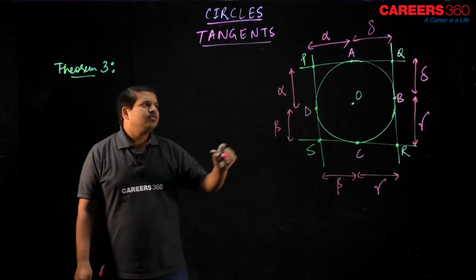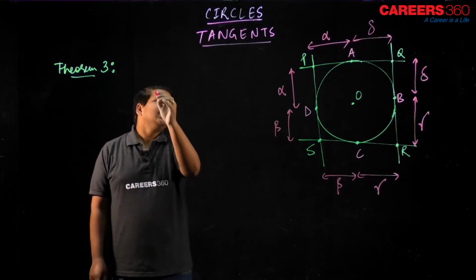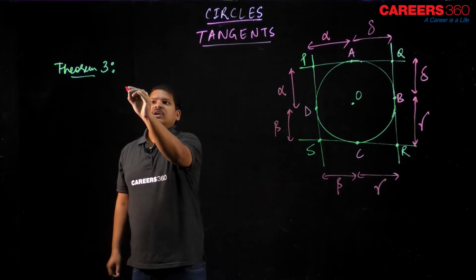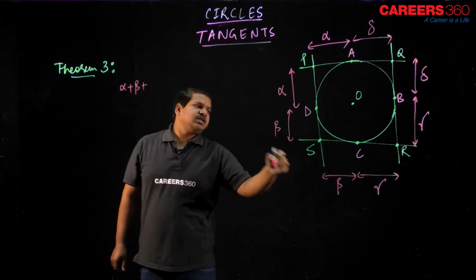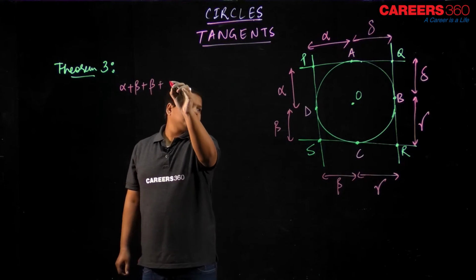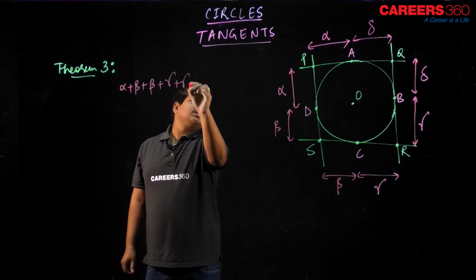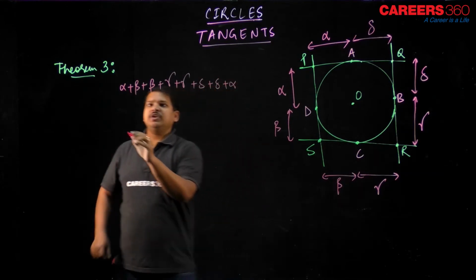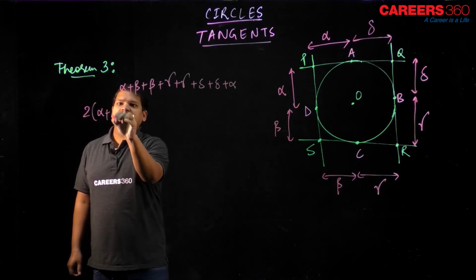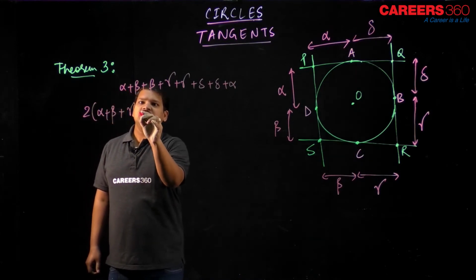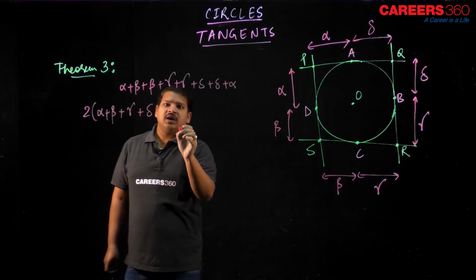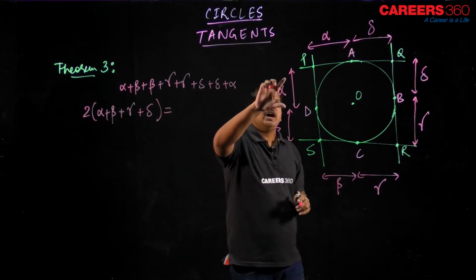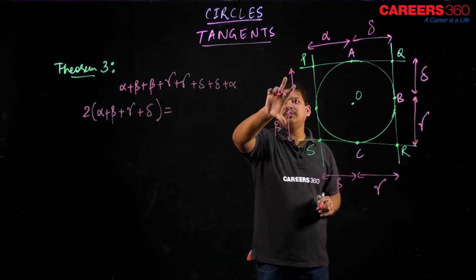So essentially in this figure, what I can say is that if I sum up all the things, that is alpha plus beta, then beta plus gamma, plus gamma plus delta, plus delta plus alpha, what I will be getting is twice of alpha plus beta plus gamma plus delta, and this will be equal to what? See, this is alpha plus beta.